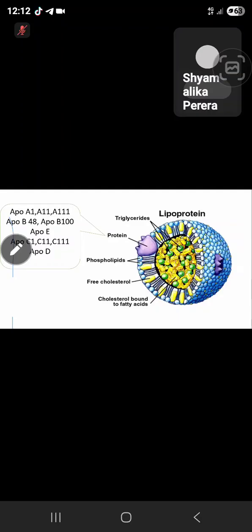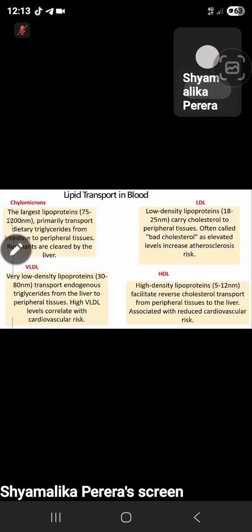These protein molecules you can use in certain assessment methods in HDL. In lipid transport, this primarily transports dietary triglyceride from the intestine to peripheral tissues. And VLDL is the main very low density lipoprotein. This is the initial molecule in the endogenous pathway, which is released from the liver.